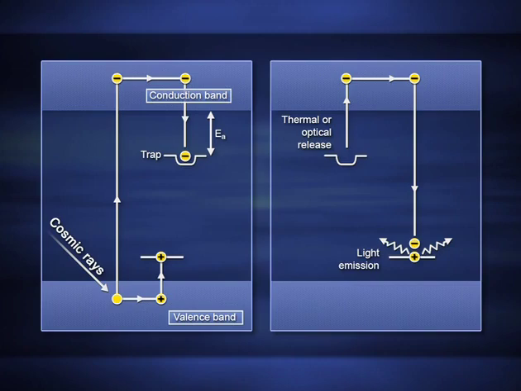Now, the number of trapped electrons in this state is proportional to the length of time that the object has been exposed to cosmic rays since it was zeroed out by firing the tile. If you heat the sample slowly, you can liberate those trapped electrons, have them hop back over the lattice and jump into where they belong. And when, as we've seen, an electron joins an atom and jumps down its energy levels, light is emitted.